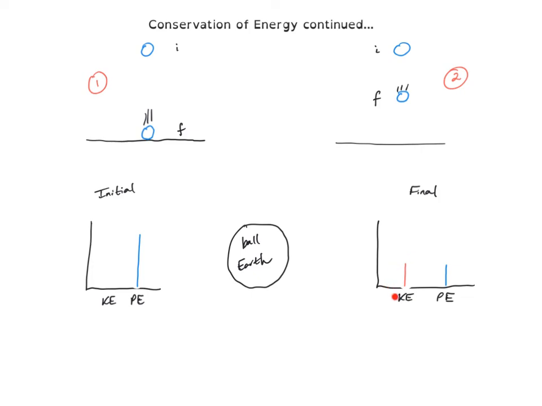Now notice that if I were to add up these two bars, they are going to sum to equal this bar right here. The whole point with the LOL diagram is we want to make sure that our initial and our final snapshots equal one another.